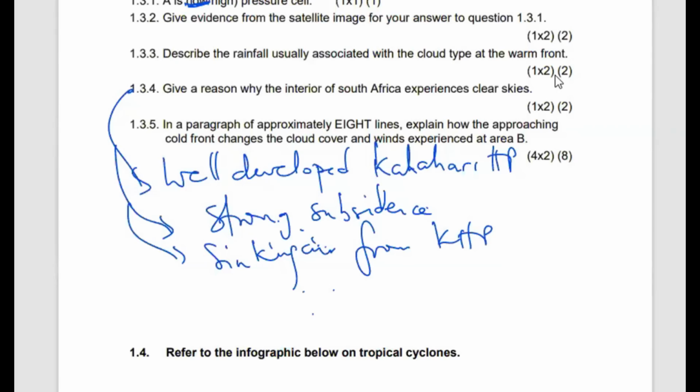So clouds can only form, or unstable conditions can only result when we have a low pressure cell over the interior, which facilitates the upliftment of air. But in this situation, we are having sinking air, meaning to say we cannot effectively have cloud formation or condensation taking place when the air is ultimately reversing the normal movement of air into the zone of saturation, the zone of condensation, the condensation level or the dew point. So because of these reasons, we tend to have clear conditions over the interior. Moving on to the next question.